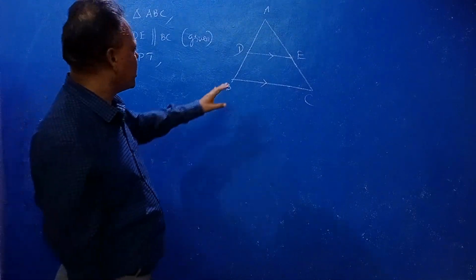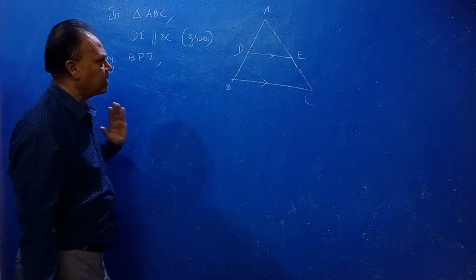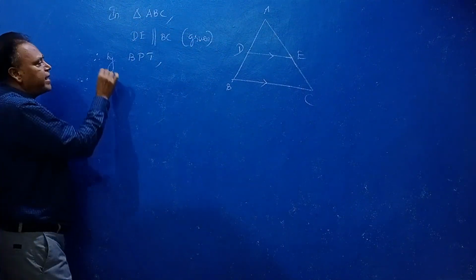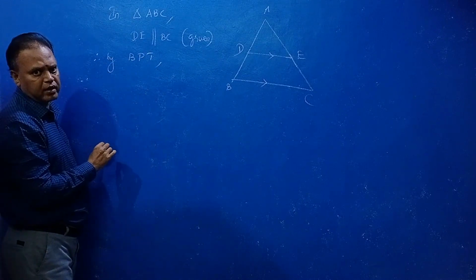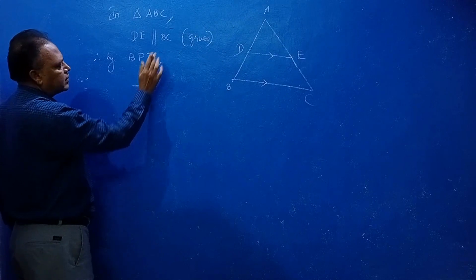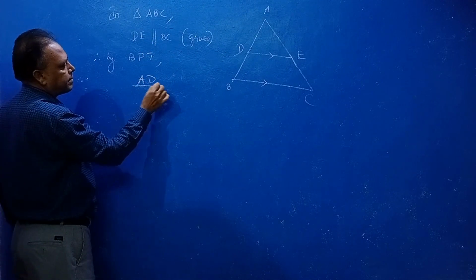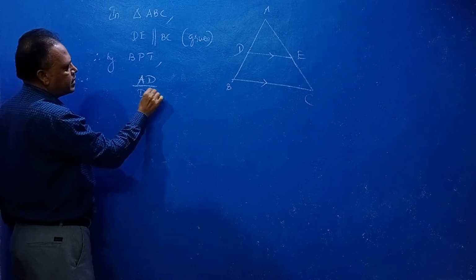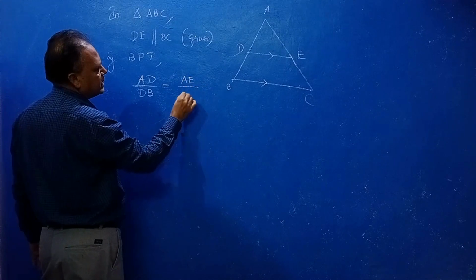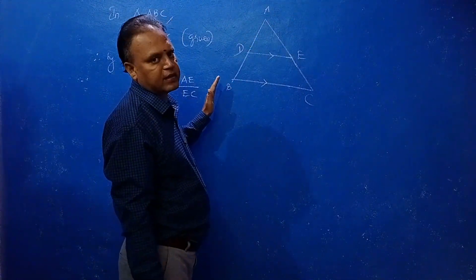Clear? So in any triangle ABC, DE parallel to BC is given, which means immediately you can write, by BPT, AD by DB is equal to AE by EC. See how you are taking the left side.